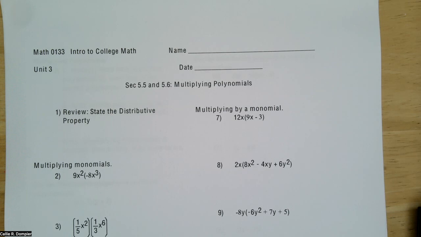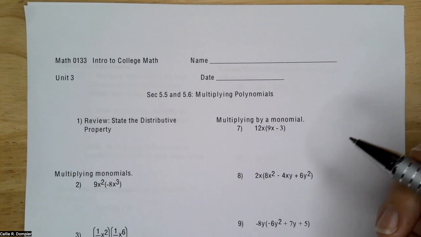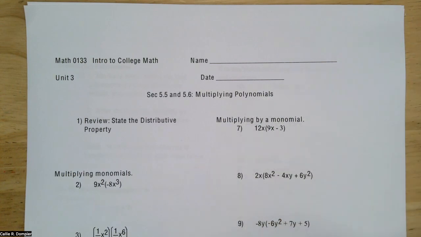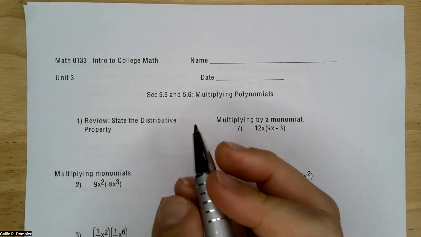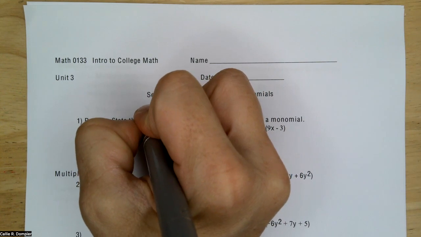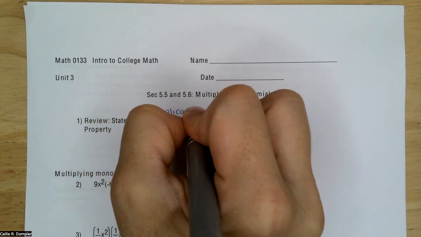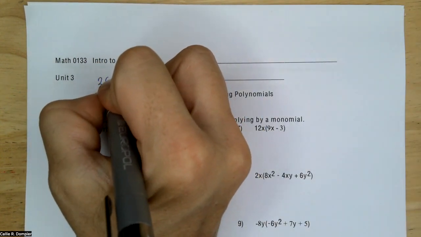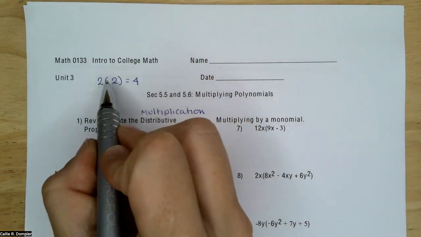Okay, so to review before we start multiplying polynomials, multiplying by a monomial, we're going to state the distributive property. The distributive property is multiplication. Like 2 times 2 is 4, right? Because we just multiplied 2 times 2.